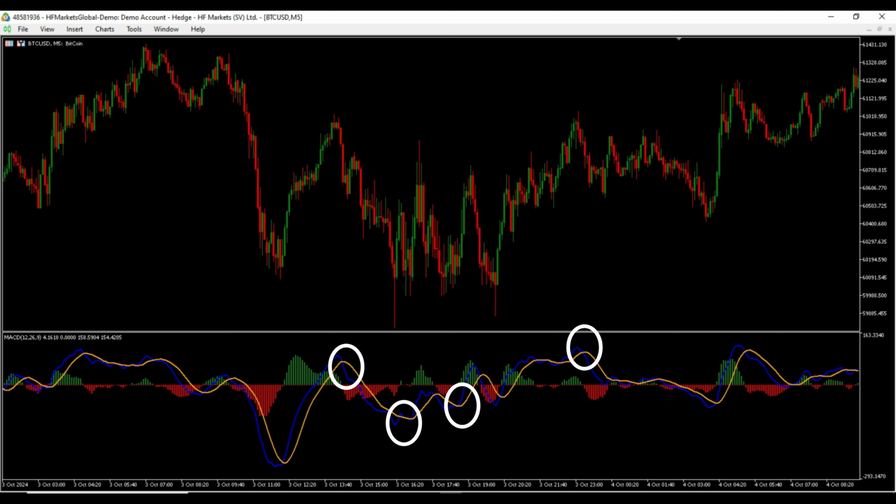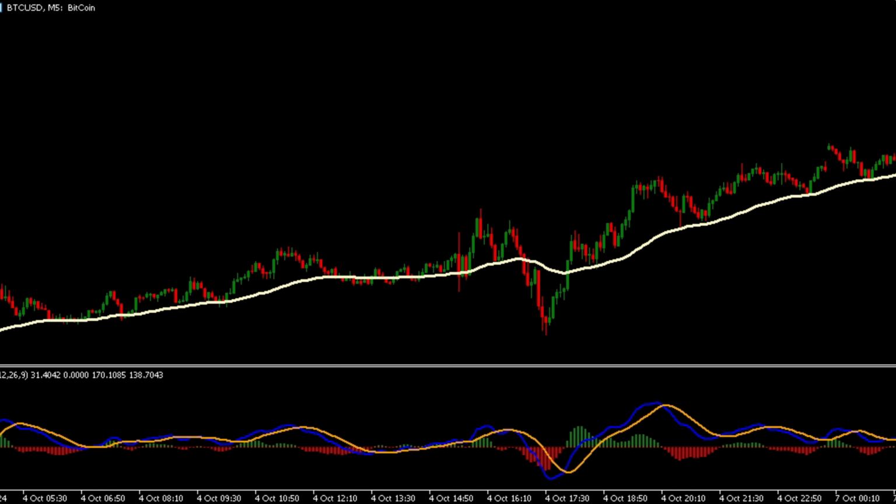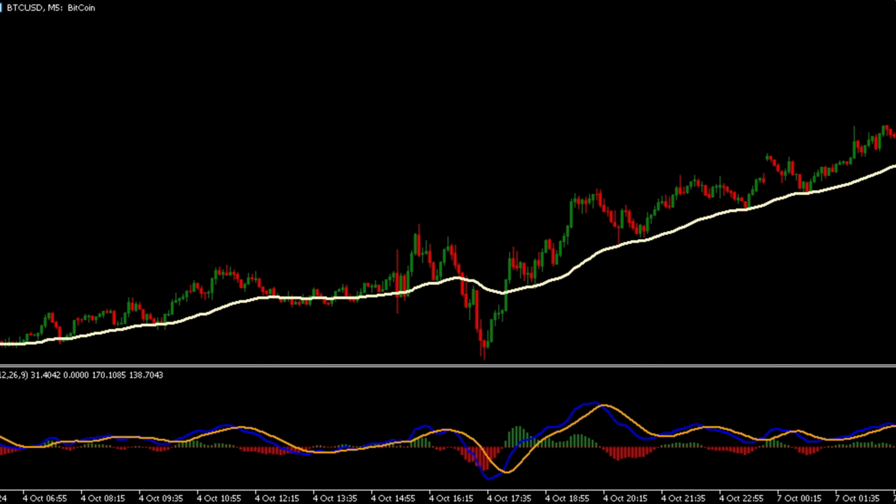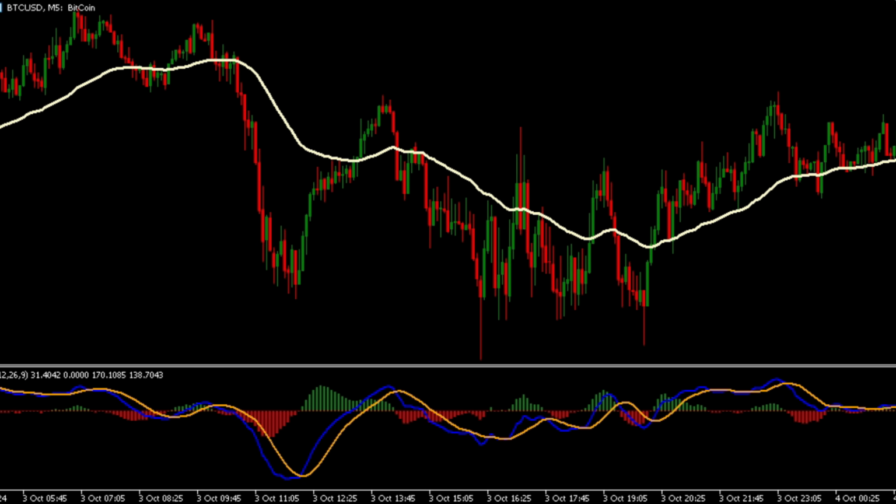Add a 200-day moving average to your chart. This little addition changes everything. The 200-day MA helps us filter out those false signals by only trading in the direction of the trend. How do you do that? Easy. Add the 200-day moving average and now check where the price is in relation to that line.